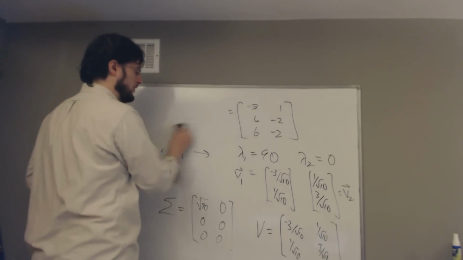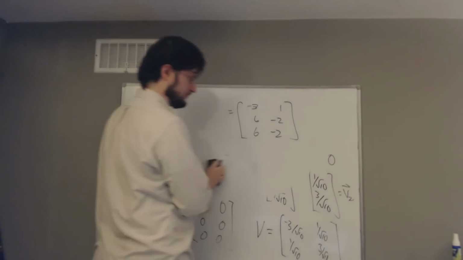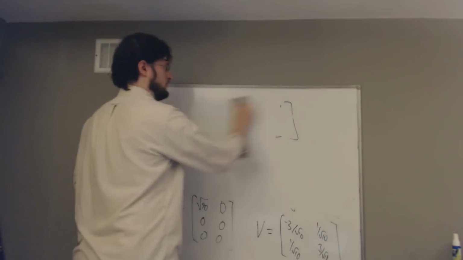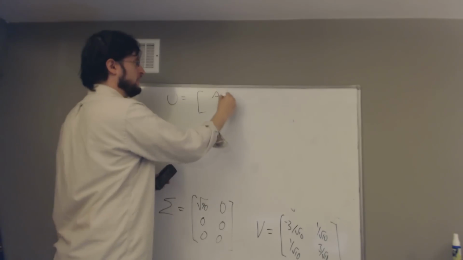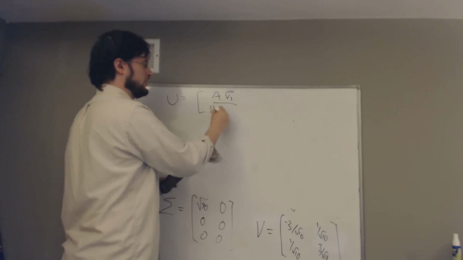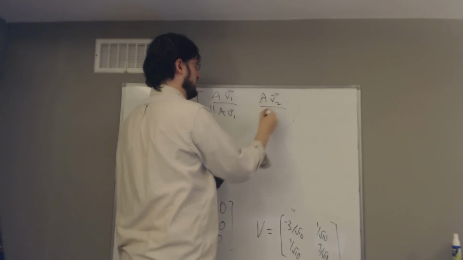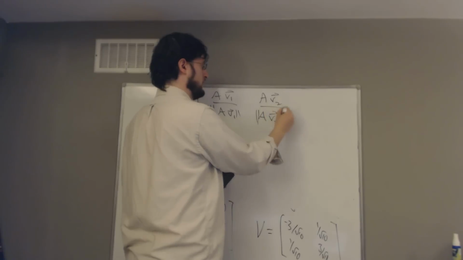Now, when we go and create our matrix U, remember that U is AV1 over its length, AV2 over its length.